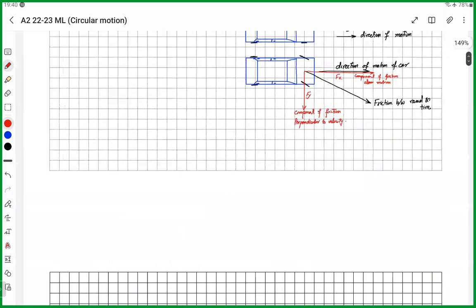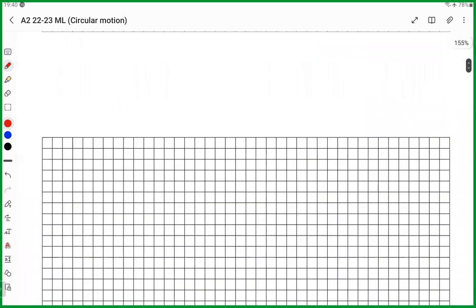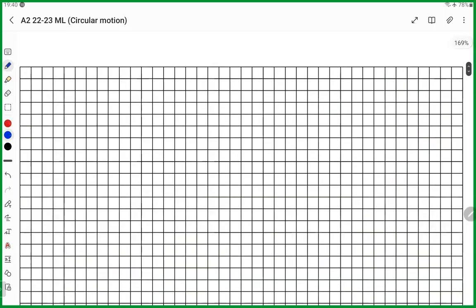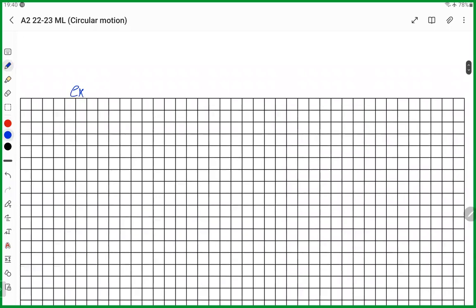Now, example, source of centripetal force.